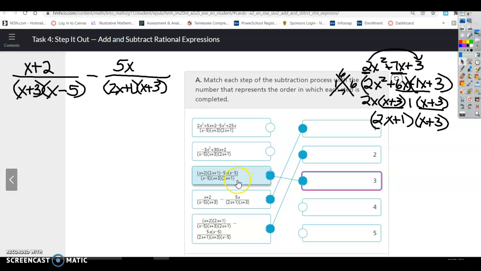And then we are going to multiply these two binomials together to get this here. So that should be our next step. And then when we rearrange and simplify all this, the 2x squared minus 5x squared becomes a negative 3. That should be our final step.